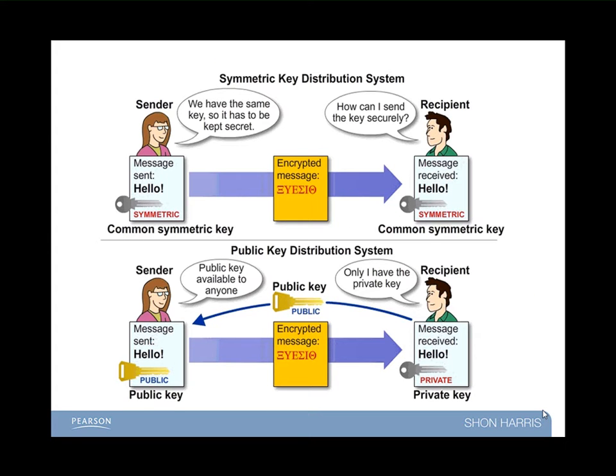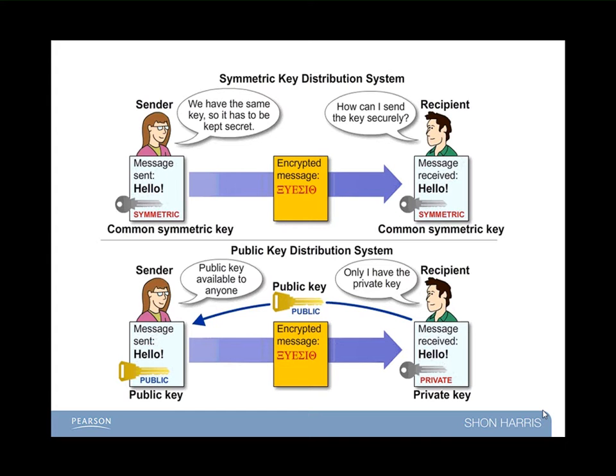So let's go ahead and step through this. The sender, this is symmetric keys. We have the same key, so how do I keep it secret? How do I send the key securely? So we're going to use symmetric and asymmetric cryptography together.